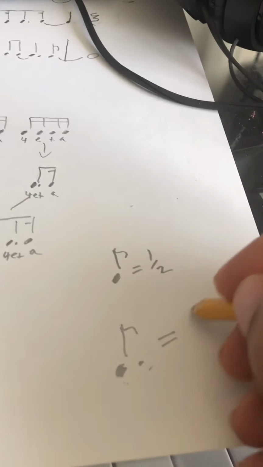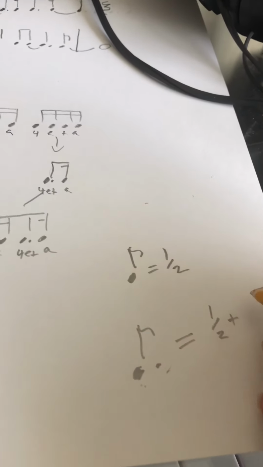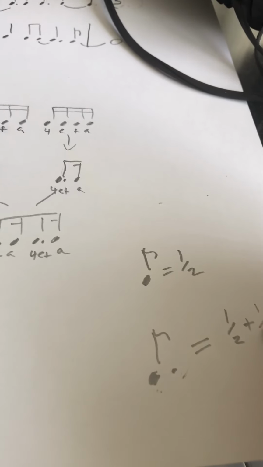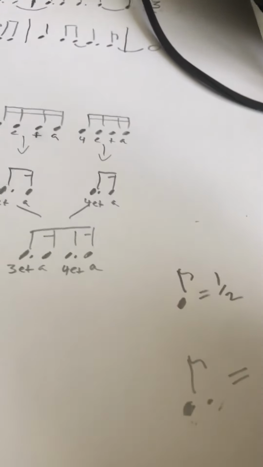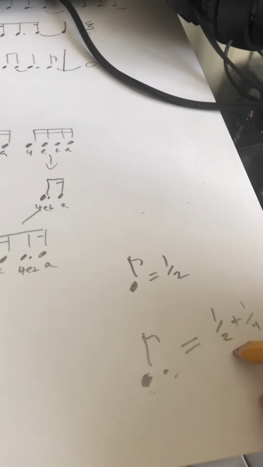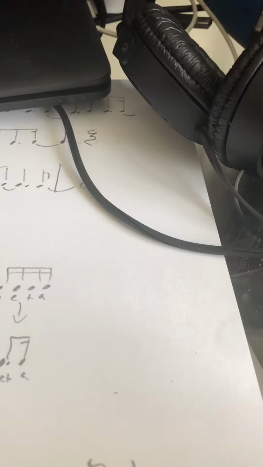So now you have the half from the eighth note plus the extra quarter of a beat. Okay, so you now have 3/4 of a beat. See how I got that?